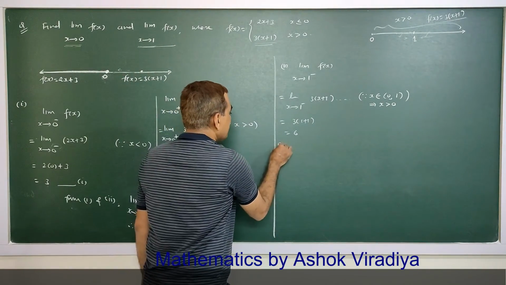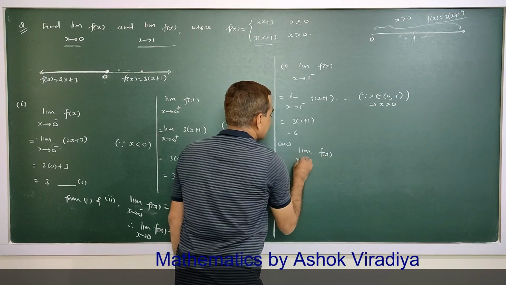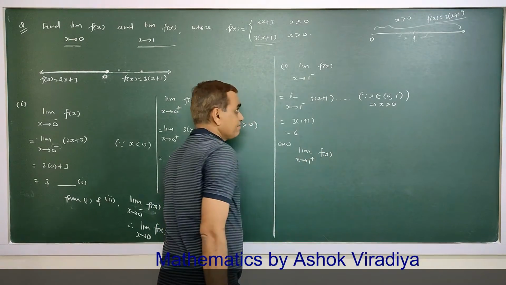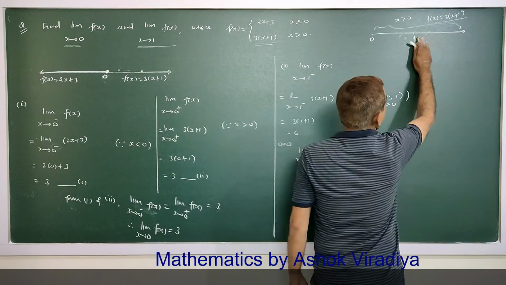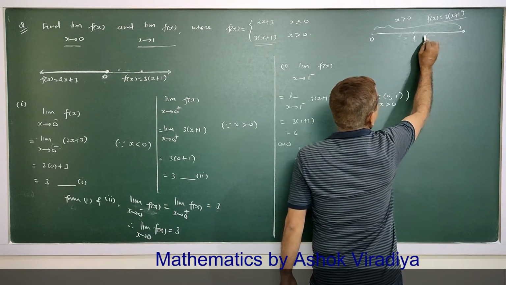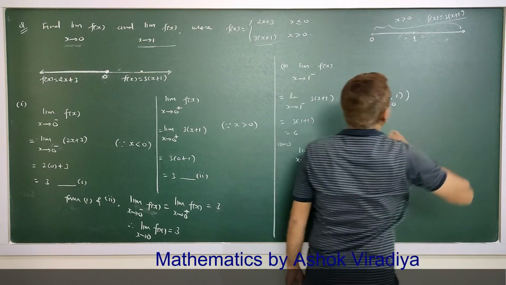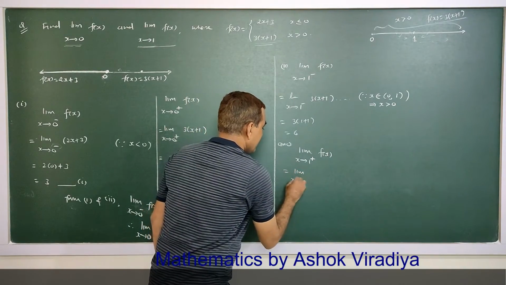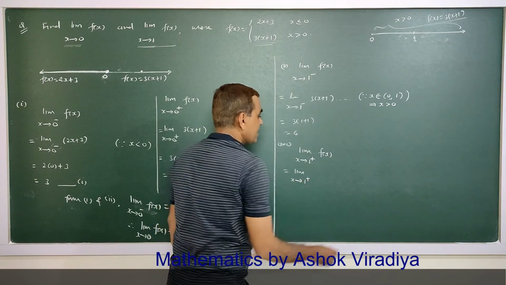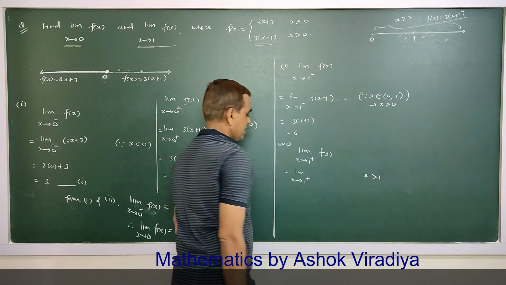Now we find limit of f(x), x tends to 1 from right side. When x is coming towards 1 from the right side, means x is coming towards 1 from this side, so x values are more than 1.